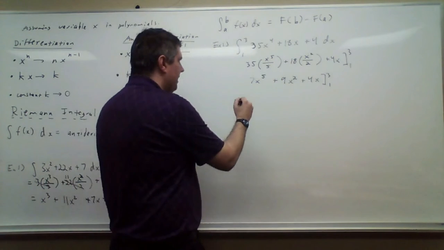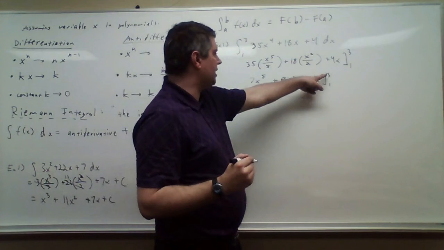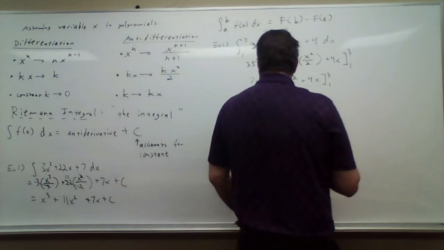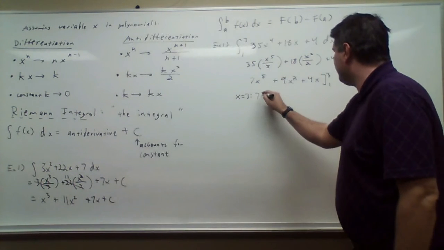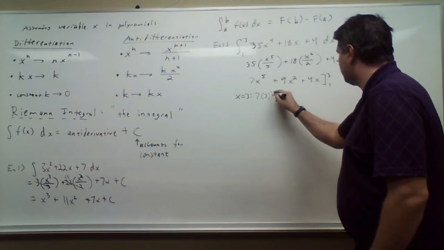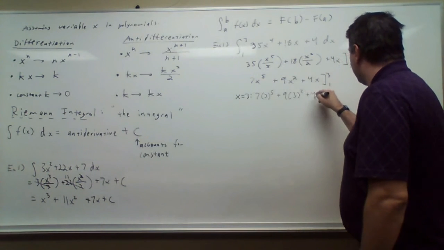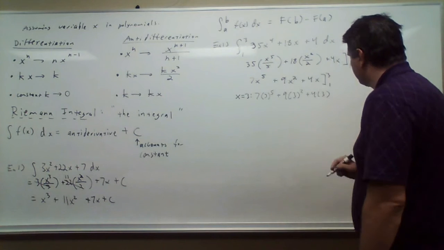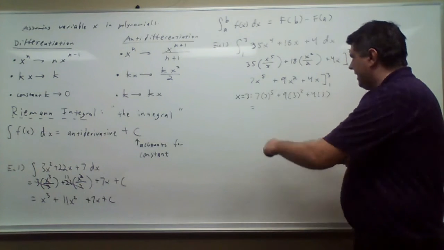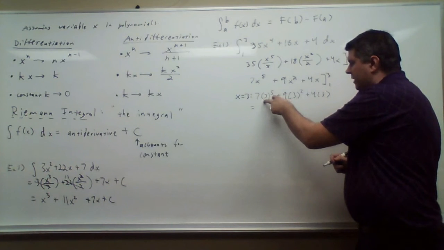What we do now is we plug in 3, calculate, plug in 1, calculate, and subtract. So x equals 3. I have 7 times 3 to the 5th plus 9 times 3 squared plus 4 times 3. So 3 to the 5th is 243 times 7.